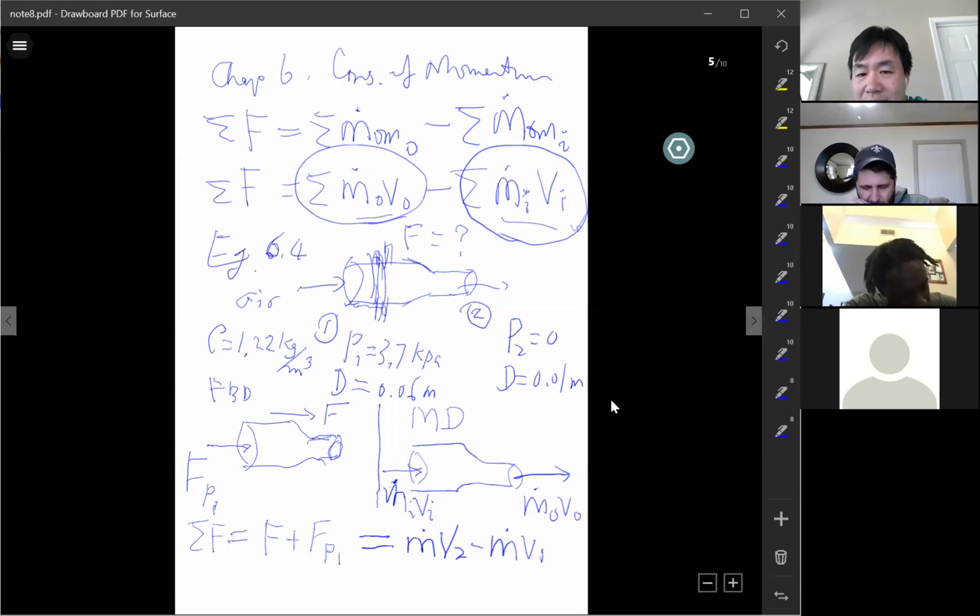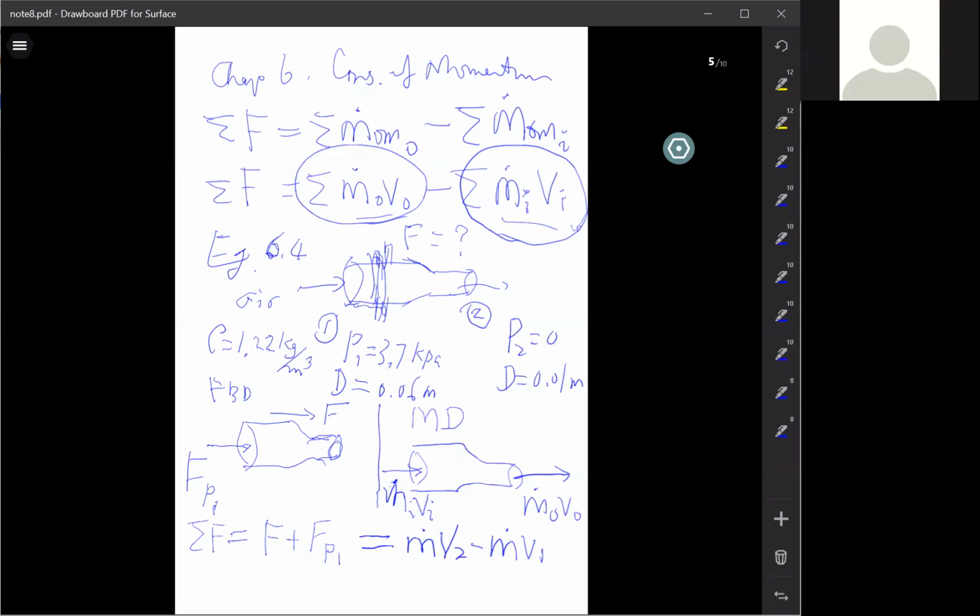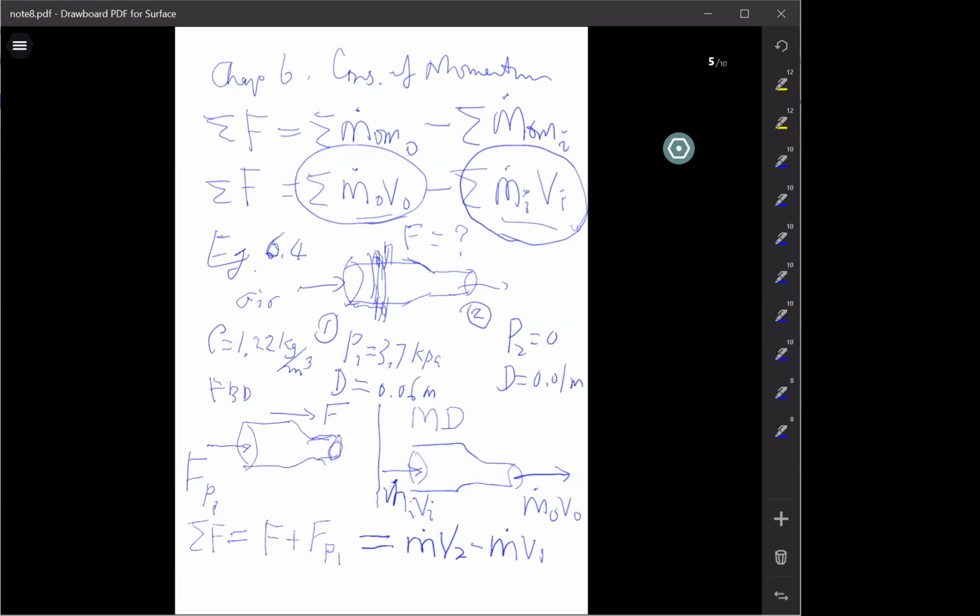The minus sign is always there. But for each term, it could be positive or negative, because each term is a momentum. They are vectors. They have direction. I want you to remember what I say here.